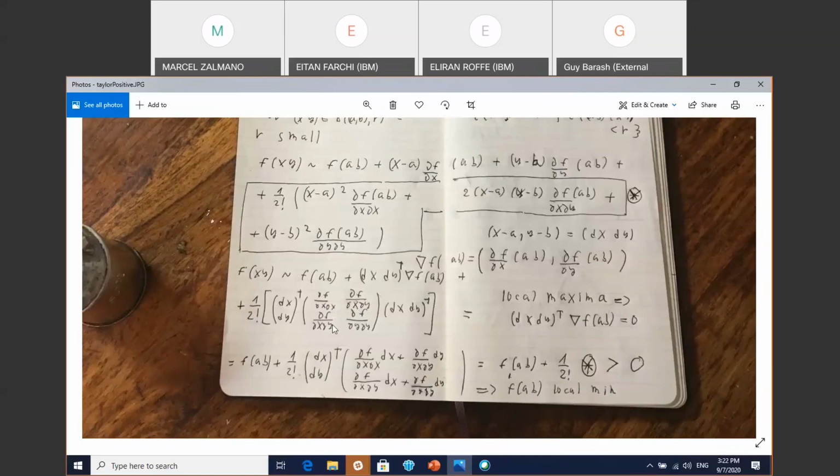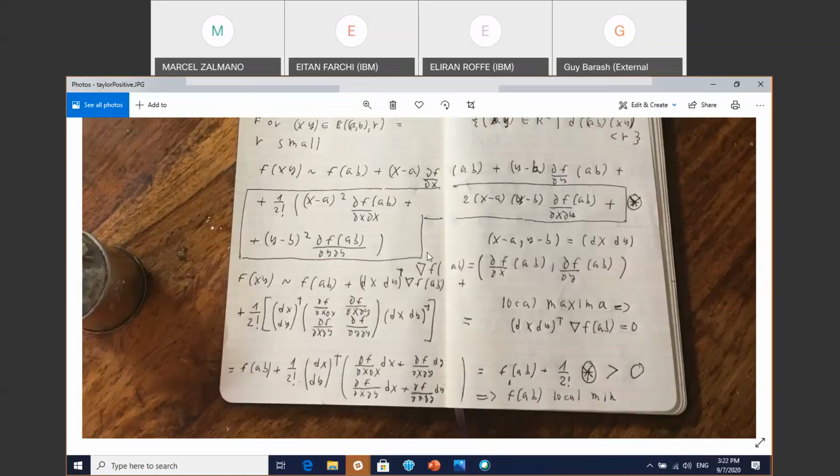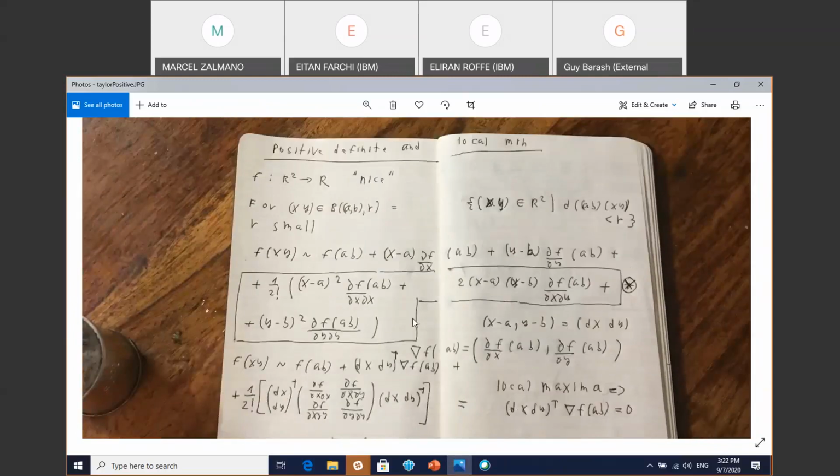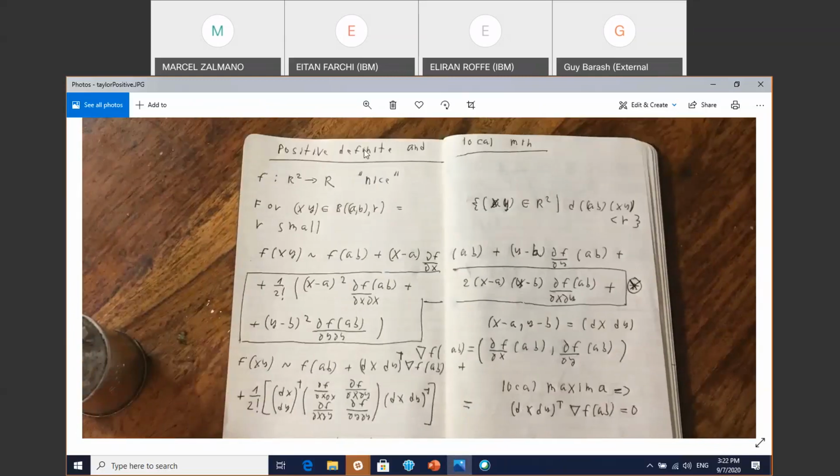So that's a way to remember and understand what we've done. A very fundamental observation that makes the notion of positive definite not mystical, but you see where it comes from.